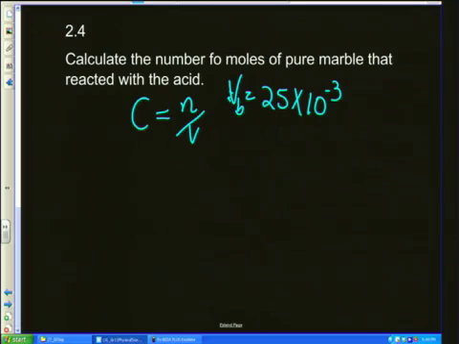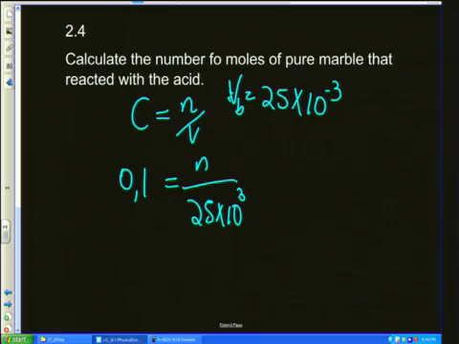And then if you are to calculate for it, the concentration 0.1 equals number of moles divided by the volume, which is 25 by 10 to the power minus 3.